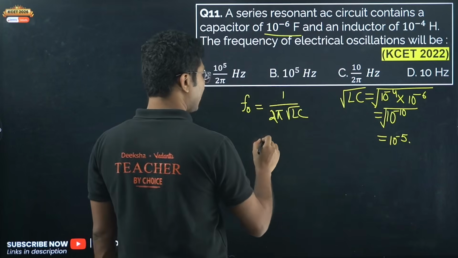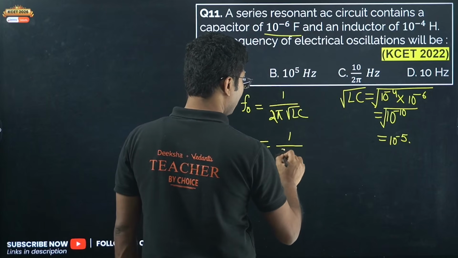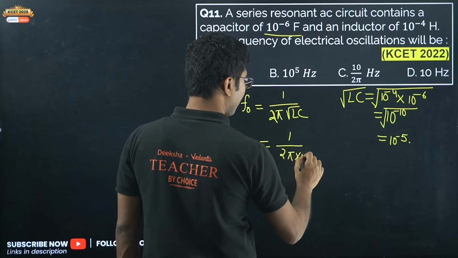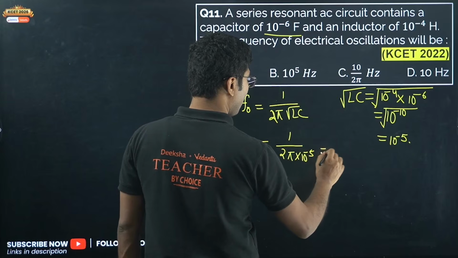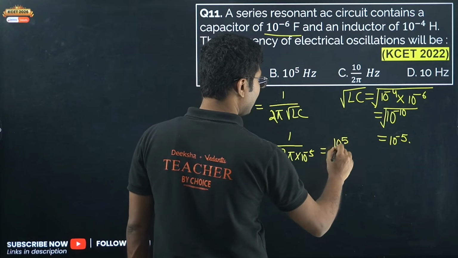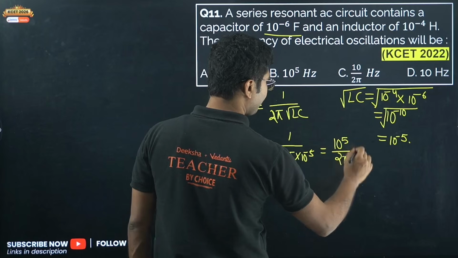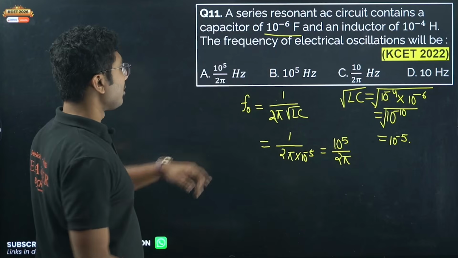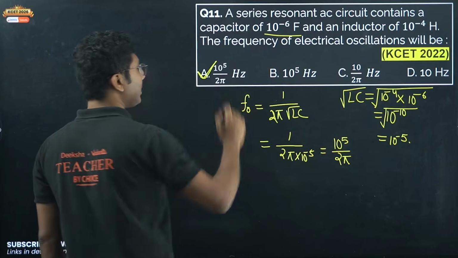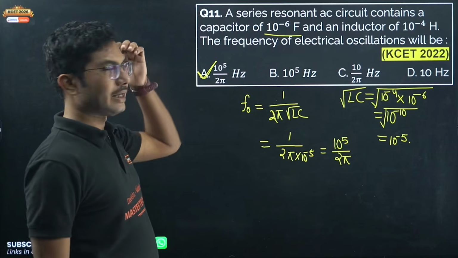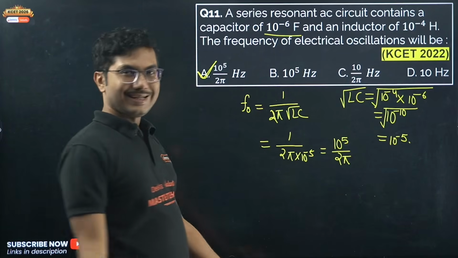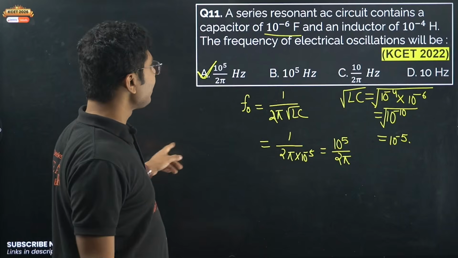Now we will put that value over here. So 1 by 2 pi into 10 to the power of minus 5, or 10 to the power of 5 divided by 2 pi. If you see all the options, 10 to the power of 5 divided by 2 pi will be the correct answer. Easy peasy lemon squeezy.